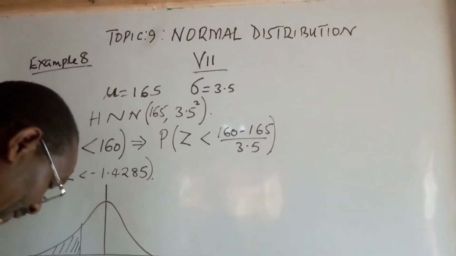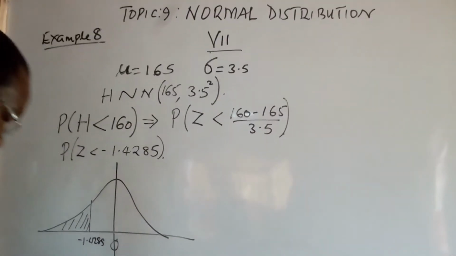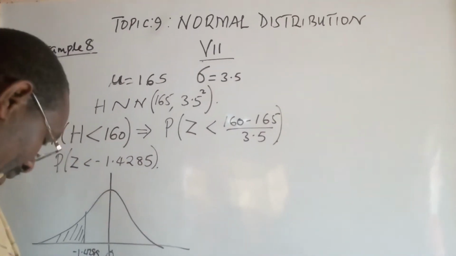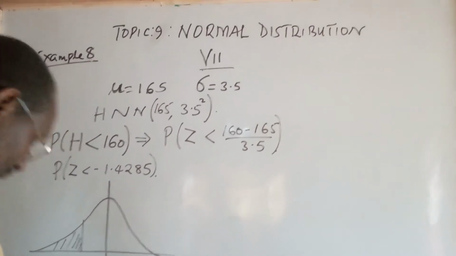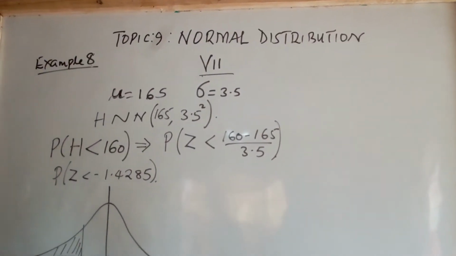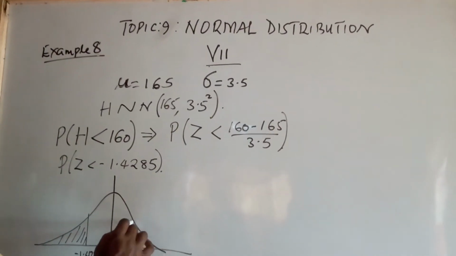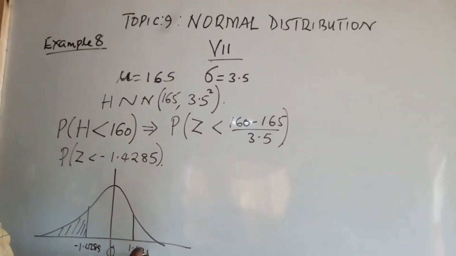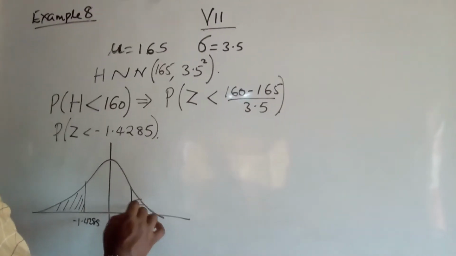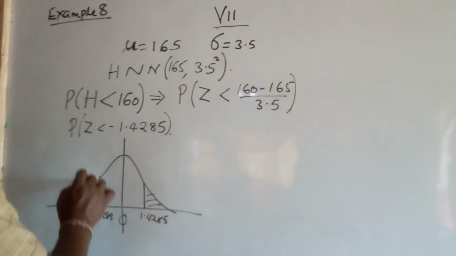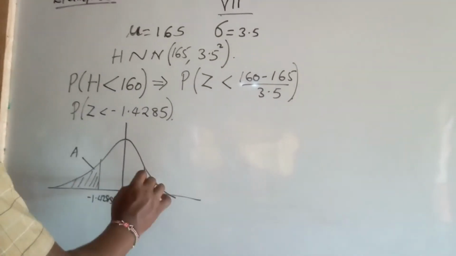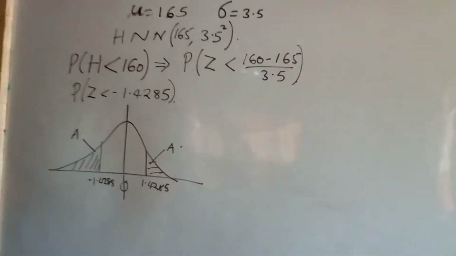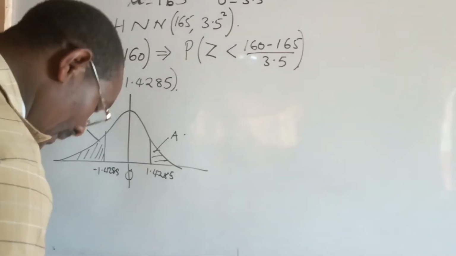If we have this symmetrically, then we have 1.4285, and this region has the same area A as this one.